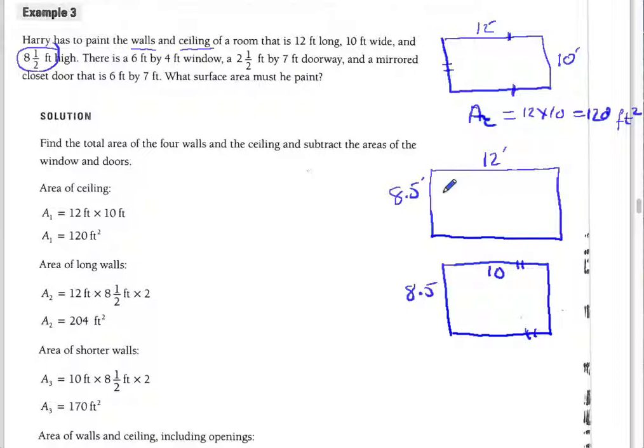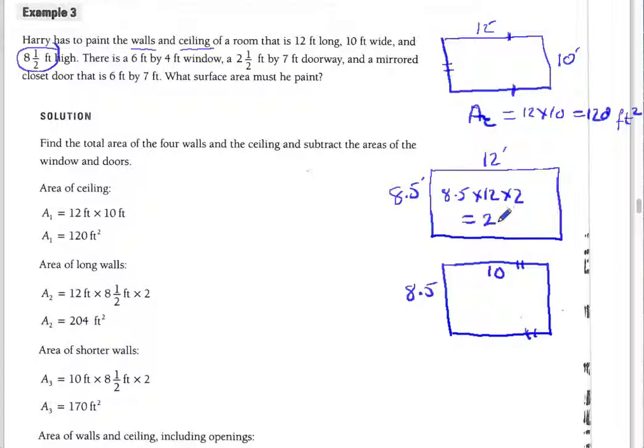So we have 8.5 times 12 for one wall, and there's two of that size, and this equals, so we need our handy dandy calculator. So let me just do that. What am I getting? Well, it ends up being 2 times 12, which is 24, times 8.5, and we get an answer of 204.